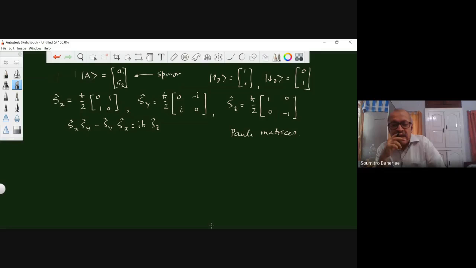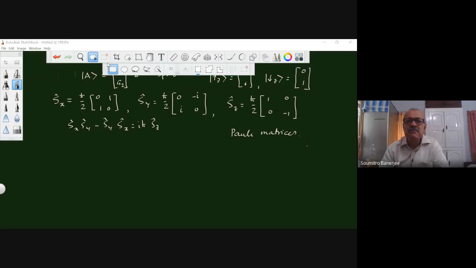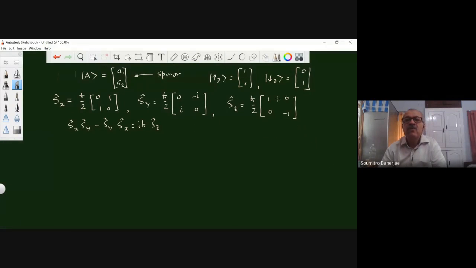Now we have worked out the spin vector in these basis vector directions. But suppose I want to observe in some arbitrary direction. Let me delete this and make some space. I'll do it in a better way.